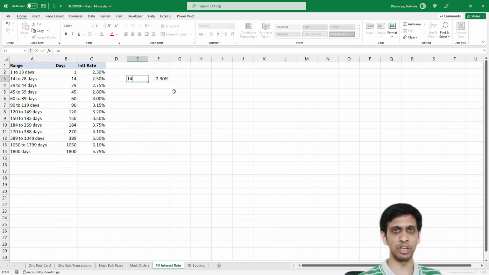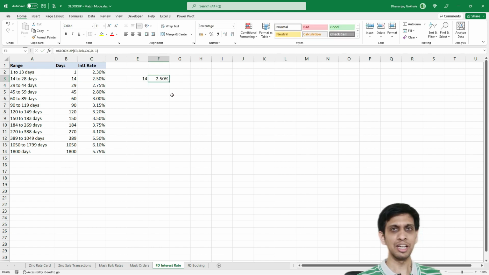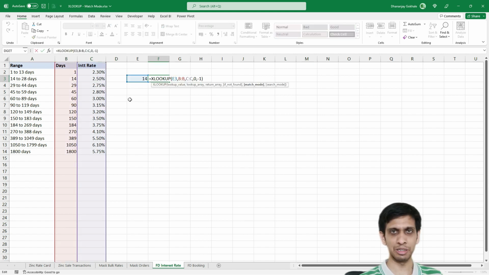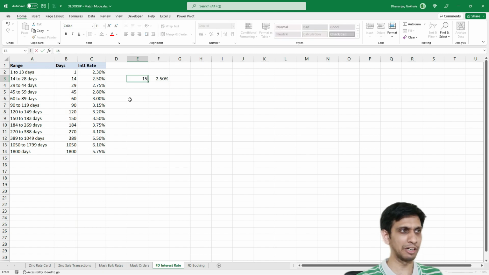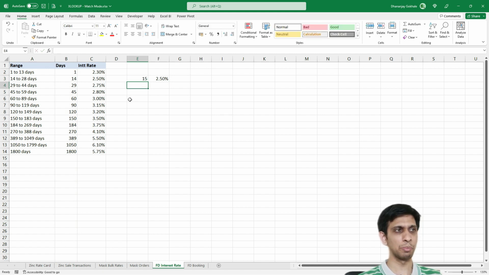The moment I enter 14, it would be 2.5% because of the exact match. If that exact value is found, then the corresponding interest value has to be taken. And if not found, then on the lower side, because we have written -1. So if I make it 15, it would continue to pick 2.5% until I enter 29. So until 28 days, it would refer to this only.